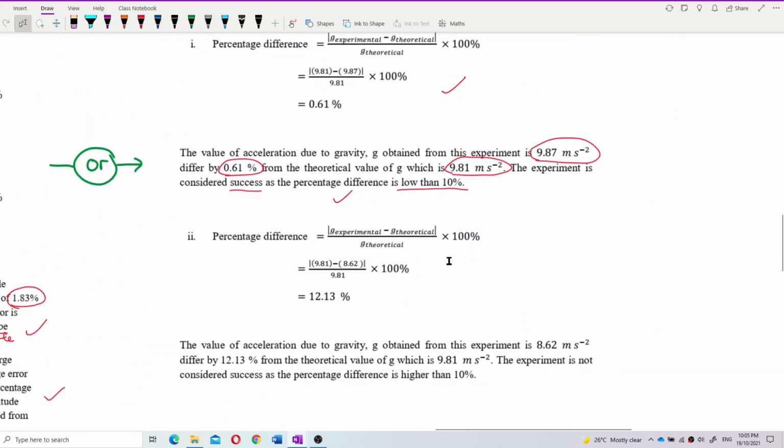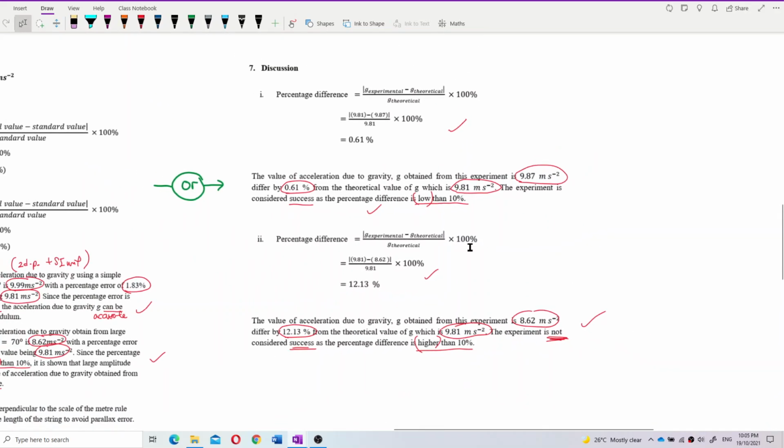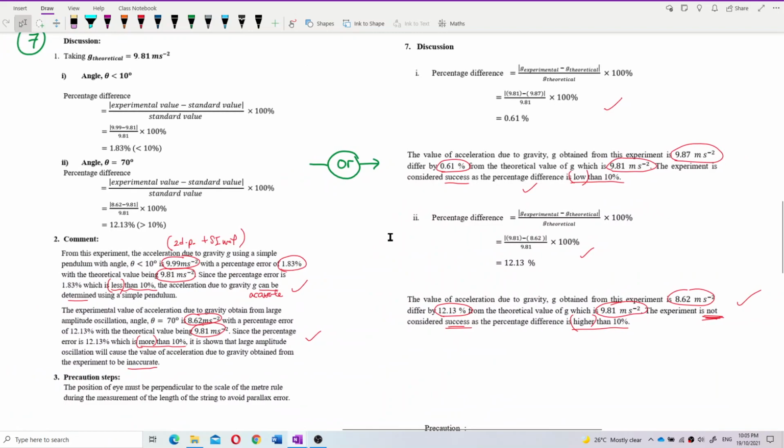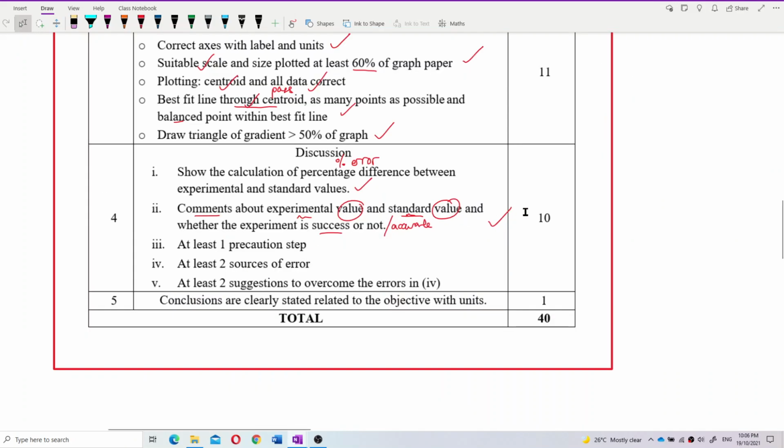And this one also has the calculation, experimental value, standard value, and percentage error. This one is higher than 10%, so it's not a success, because it's higher than 10%. Good, this is how you comment. So these 2 students are very good. You can write either way. They get full marks.